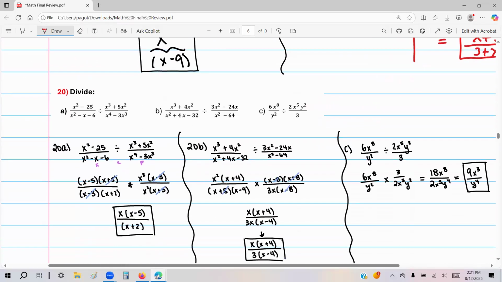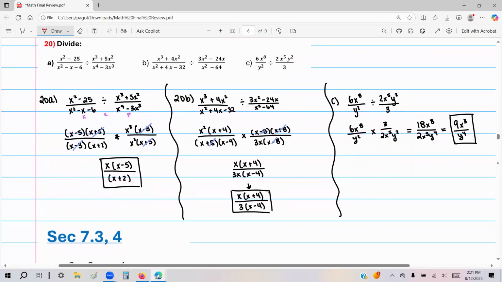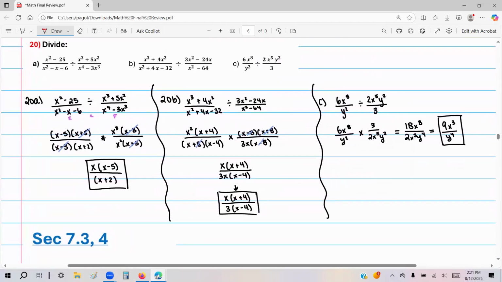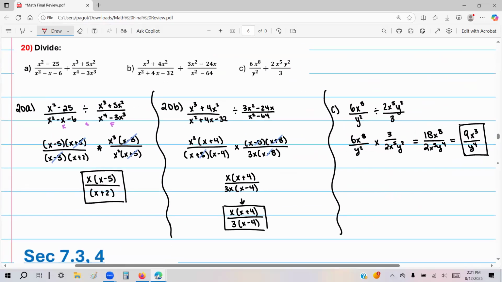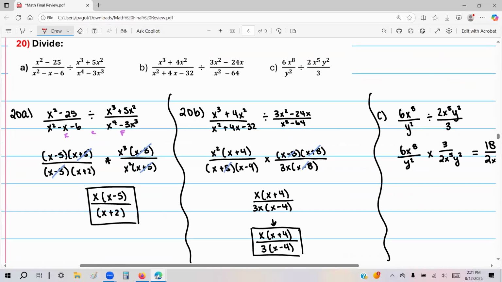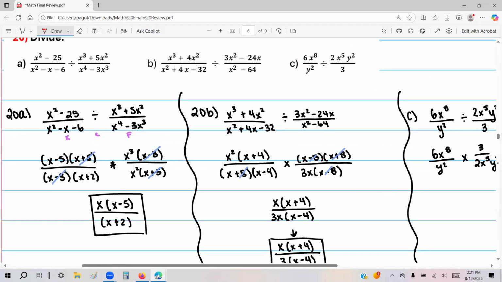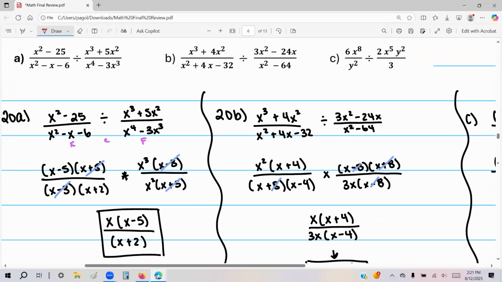Now comes the division. And I gave you 3 types of division. Let me make it bigger so that they can see, because my writing is too small. x squared minus 25 gives us x plus 5, x minus 5. Two numbers multiplied to make -6 and combined to make -1: -3, +2.